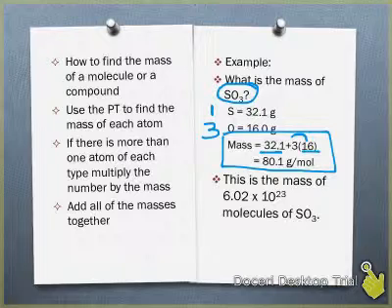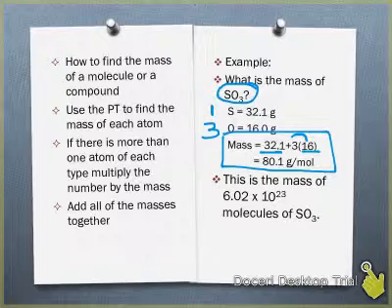Why am I multiplying my oxygen by 3? Because I have 3 of them. So basically, this compound is made out of 4 atoms. So to find its molar mass, you have to know the mass of each atom. And then all we do is add them up. So the molar mass of SO3 is 80.1 grams per mole.